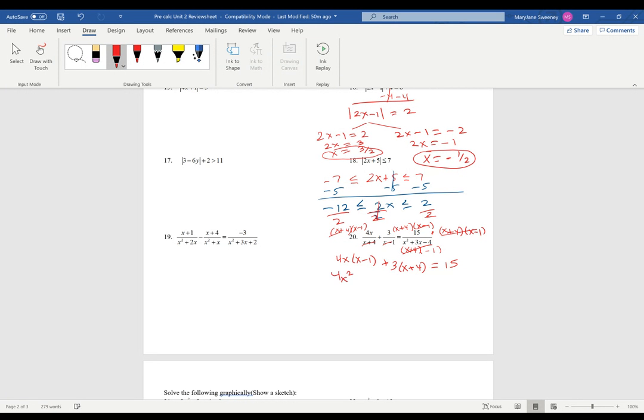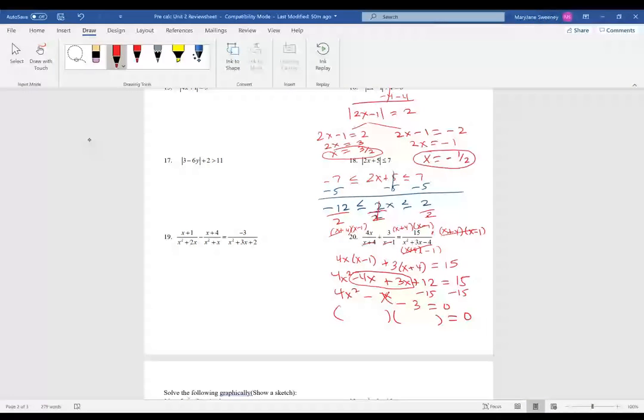Okay, so it's 4x squared minus 4x plus 3x plus 12 equals 15. That's just doing my distributing. This is 4x squared minus x. It's combining those two. I might as well minus the 15, so then that'd be minus 3 equals 0. So now I can factor.